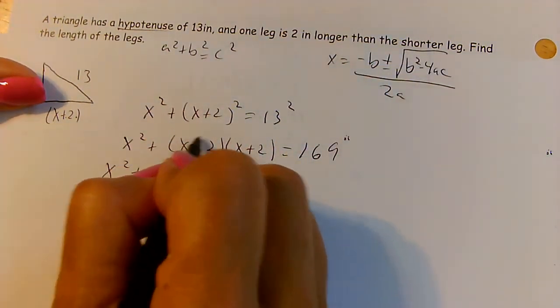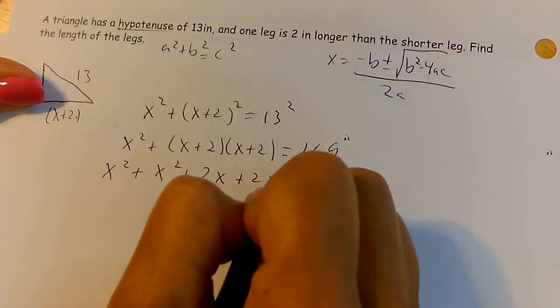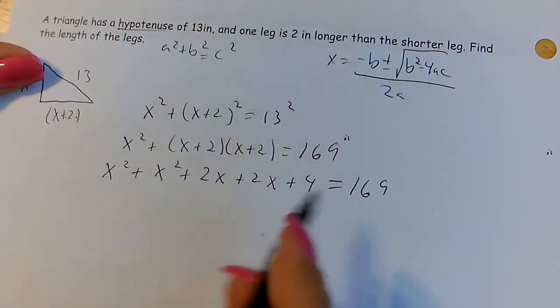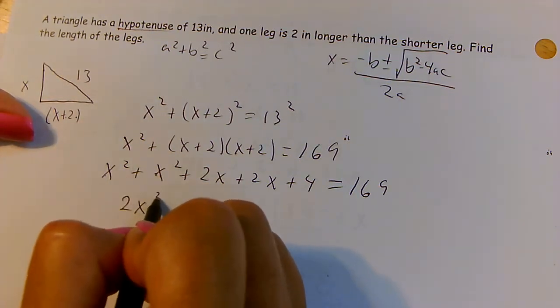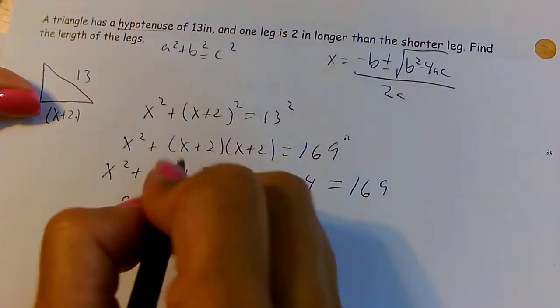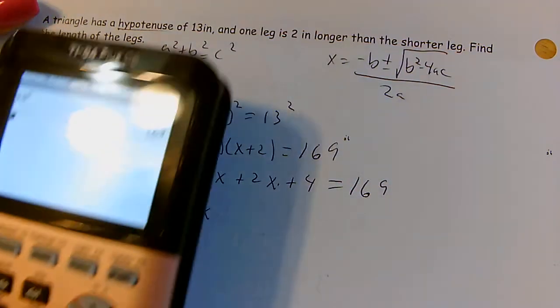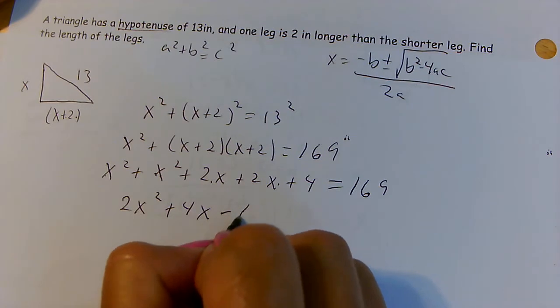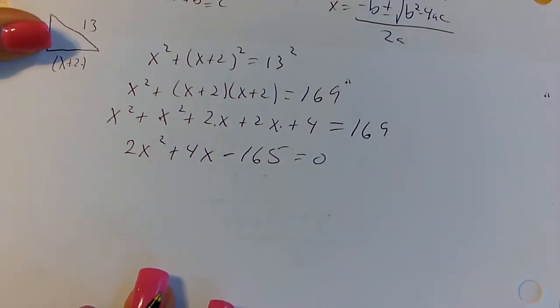X squared plus x squared plus 2x plus 2x plus 4 equals 169. So careful, I do have 2x squared. I have 4 x's. I want to bring this 169 over. So if I subtract it from both sides, I have negative 165. We are just going to plug this into the quadratic formula.